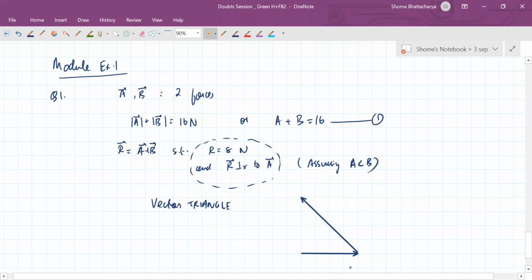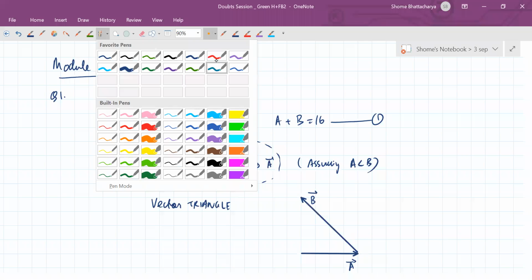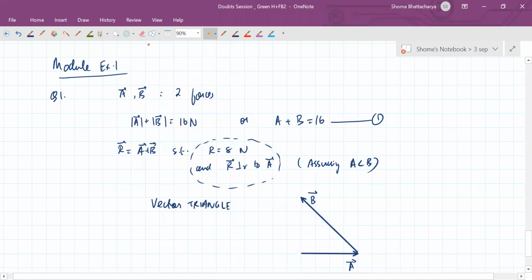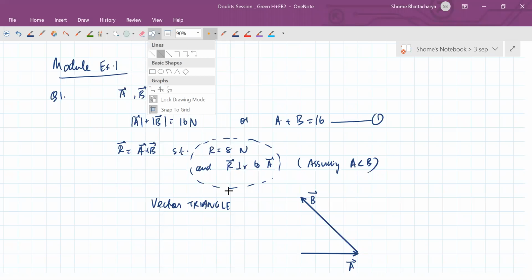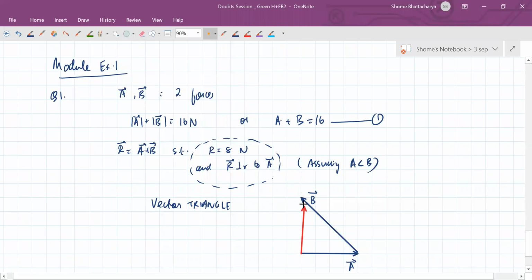So this is the vector A. The vector B should be something like this, so that their resultant is now perpendicular to A. So the resultant's magnitude is 8, and the resultant is perpendicular to A. We have taken care of that.